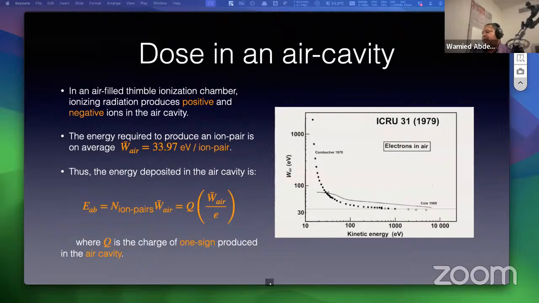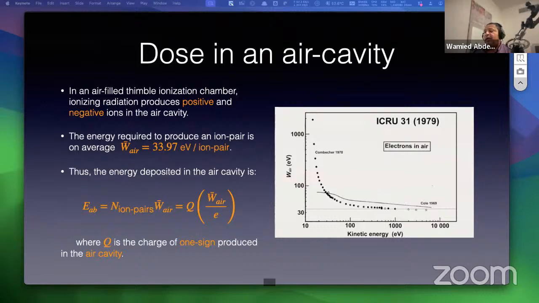But to have negative ions, well, in air we have oxygen molecules. And oxygen has a high electronegativity. This means that an oxygen molecule would actually grab a free electron and become an ion. So this is why in air, usually we have positive and negative ions rather than positive ions and electrons.